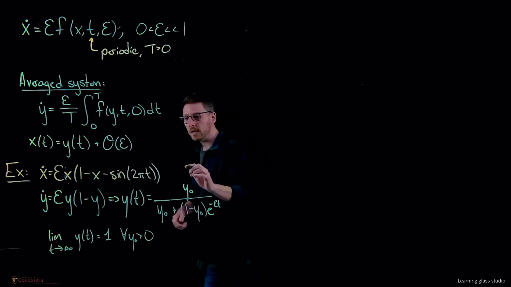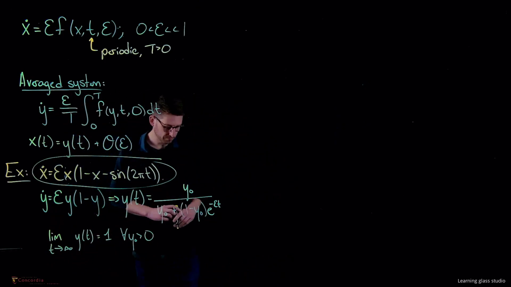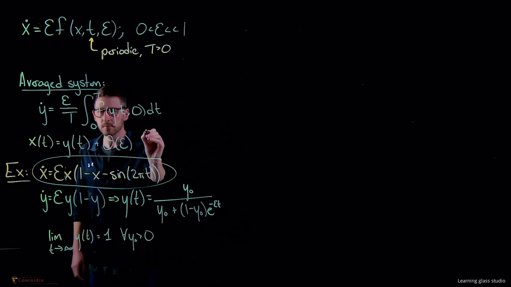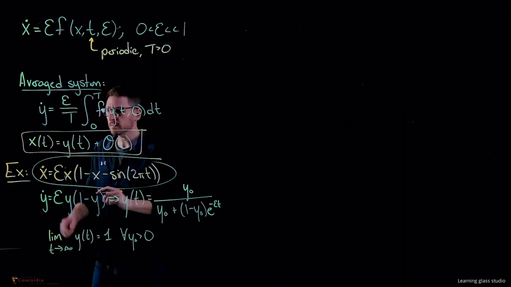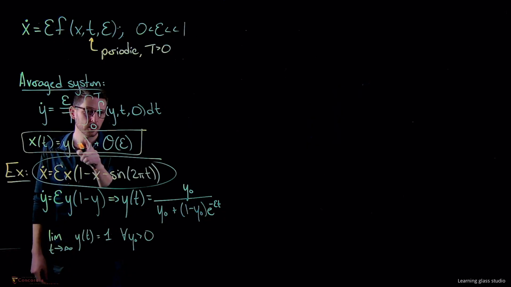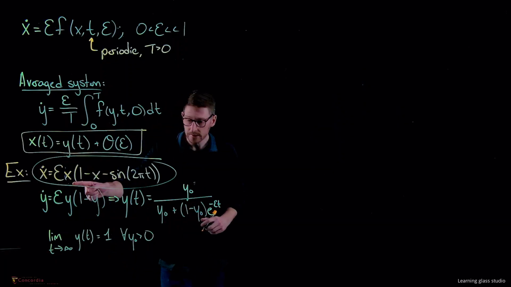So what does that mean for my periodic system, my seasonal fluctuation system? Well, averaging tells me that the solution to the periodic system is basically the average signal plus little wiggles, right? So what does the solution x look like to this thing?